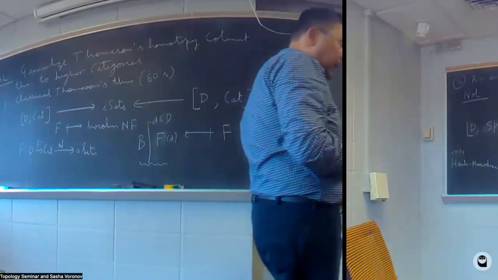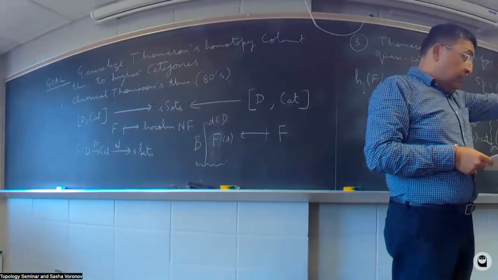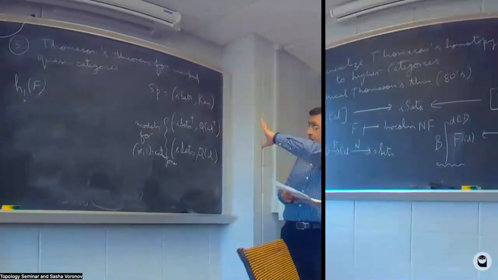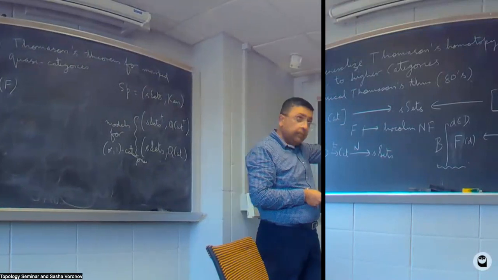Now, I need to describe a similar diagram in case of marked simplicial sets. Maybe I can modify this diagram also.